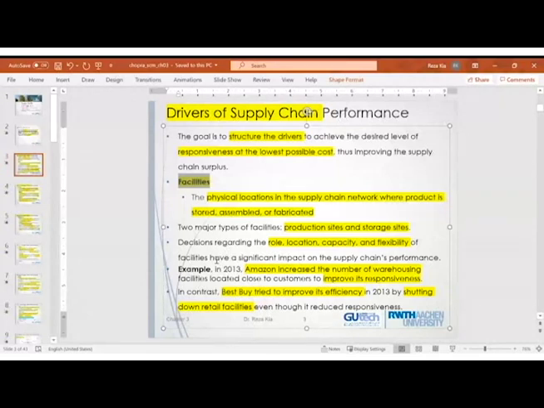When you have more warehouses closer to your customers, you can expect higher responsiveness. On the other side, a retailer wanted to increase efficiency because they realized the cost in their retail facilities was so high. So they decided to reduce the number of retail facilities to have better efficiency. You see, just by changing the number of facilities, you can compensate between responsiveness and facility cost.